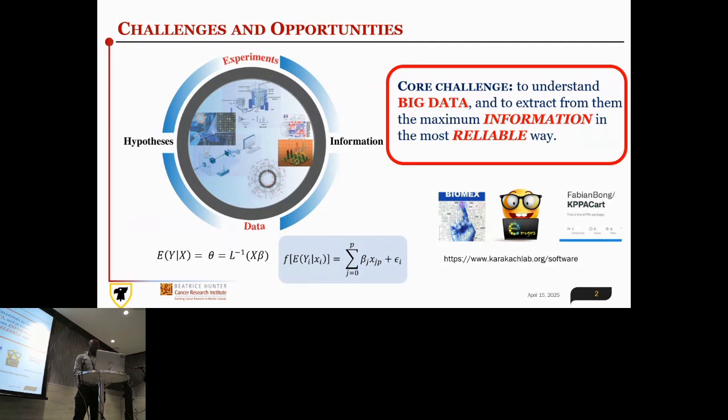So generally, what we have is a scenario like this. You have the expected value of y, your phenotype, given x, your measurements. Your measurements are populated by a multivariate space, which is usually gene expression, multiple genes, multiple proteins, multiple metabolites.